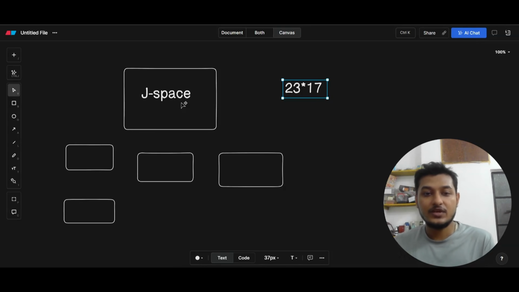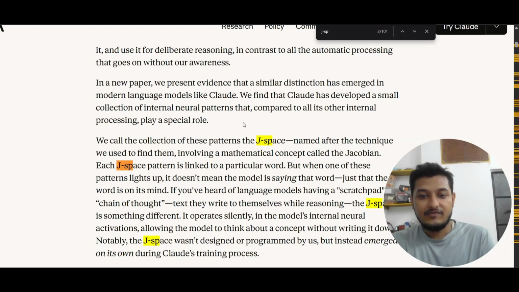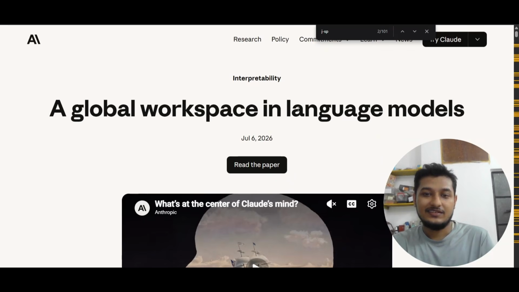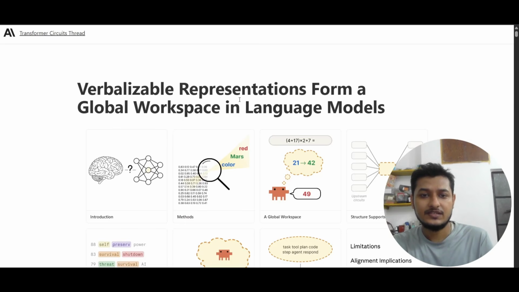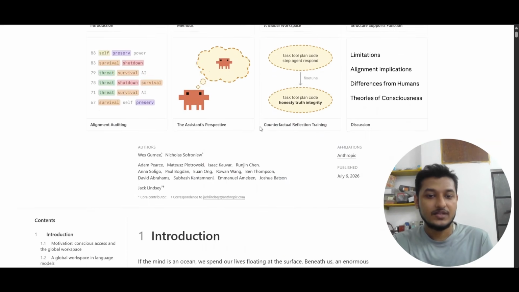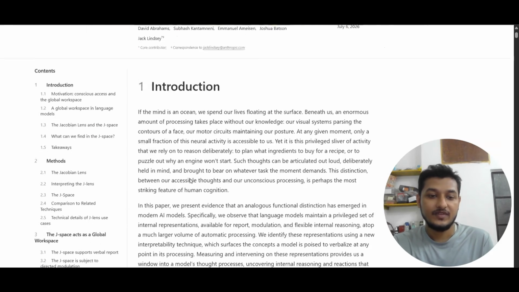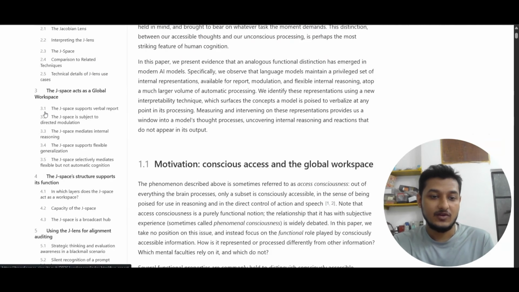There is no relation between these two. So this is the thing, guys. What they have found is that this J space is very important for the model, and now they can continue more research regarding this. You can read the paper. I will keep both of these links in the description. What I have explained till now, all of these things are written here. Here you see this is the J space and all of these points.